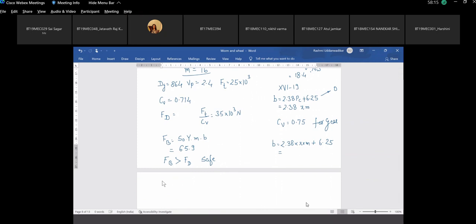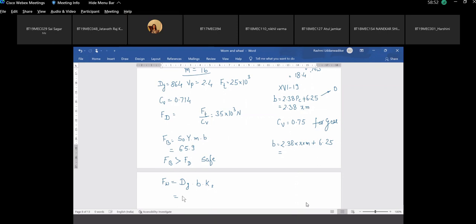Then we check for FW quickly, which is the diameter of the gear, MTG, into the value of B, into K2, as per the formula given. For the limiting wear strength, the value of K2, the load stress factor, is again given in table 16-17.